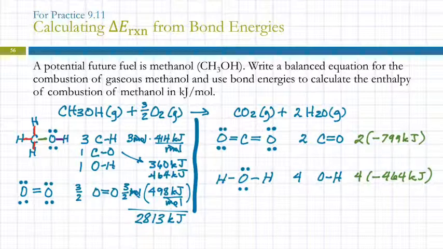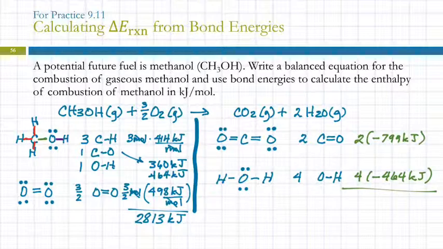It's like buying and selling stuff, right? One's positive, one's negative. Depends on your point of view, who you are. So 2 times negative 799 plus 4 times negative 464.